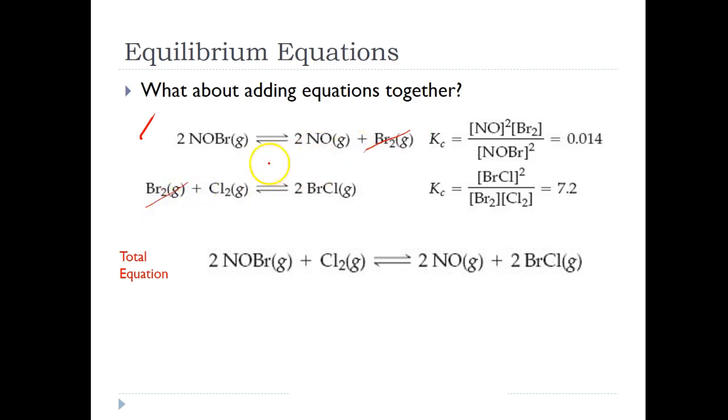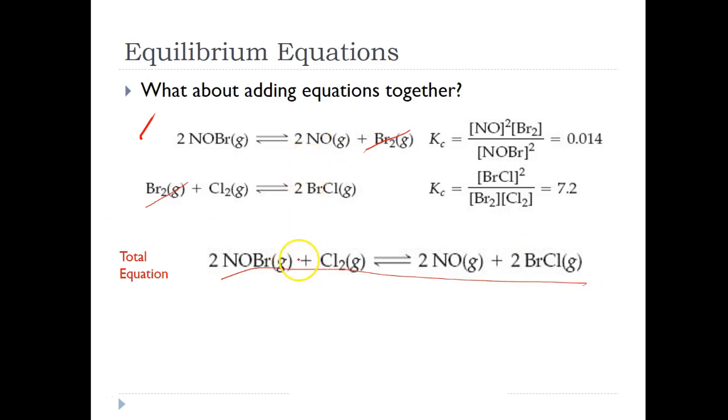Because it's a product and then a reactant. And then what's left is 2 NOBr and chlorine on the left-hand side, 2 NO and 2 BrCl on the right-hand side, which is this exact equation. So obviously I can combine these two equations to solve for the one that I'm looking for.